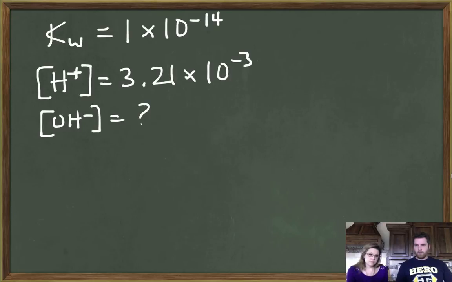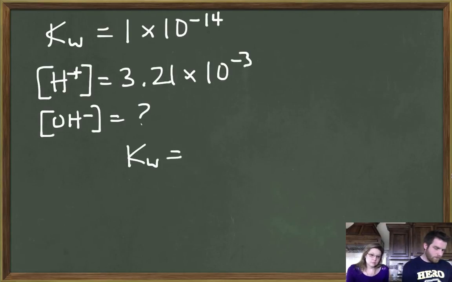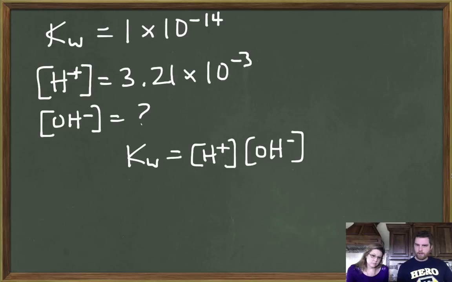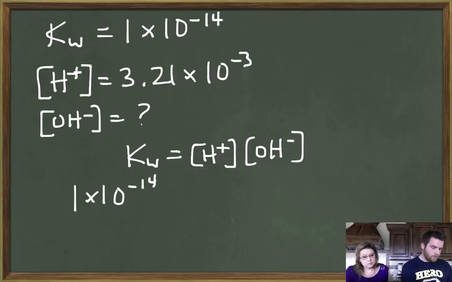Well, all I got to do is write out this entire equation here. So Kw equals hydrogen times hydroxide. And I know a lot of you don't need me to write this whole thing out, but bear with me here. Let's fill in what we know. We know Kw is 1 times 10 to the negative 14.